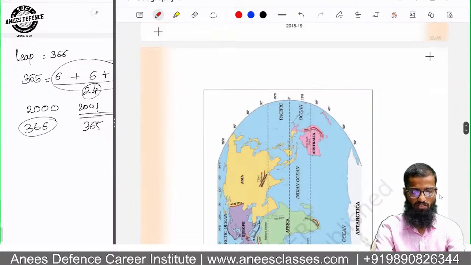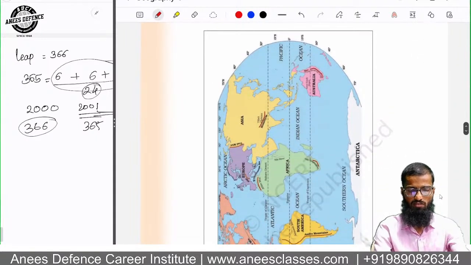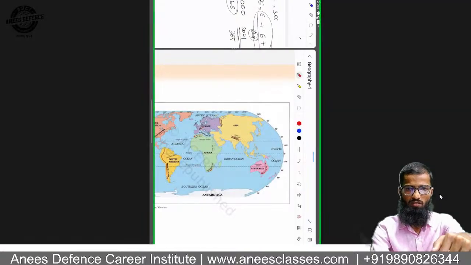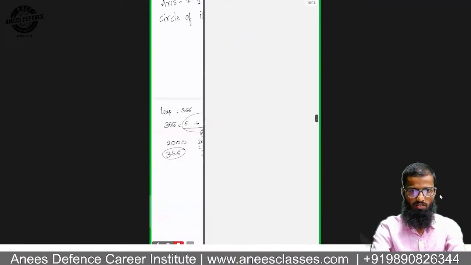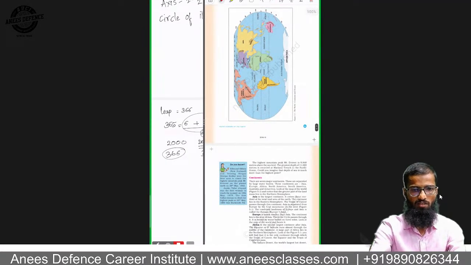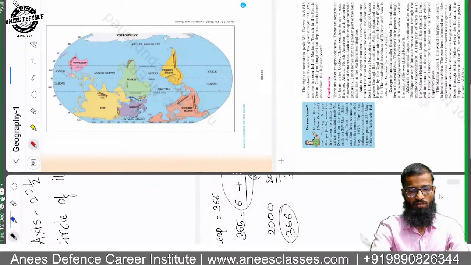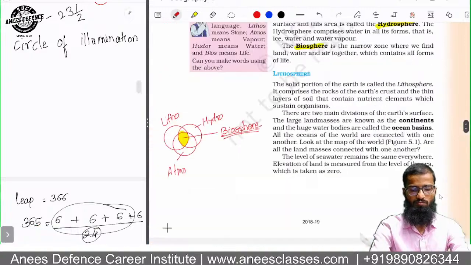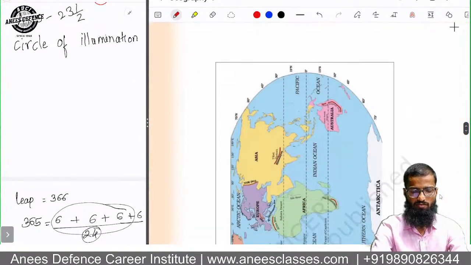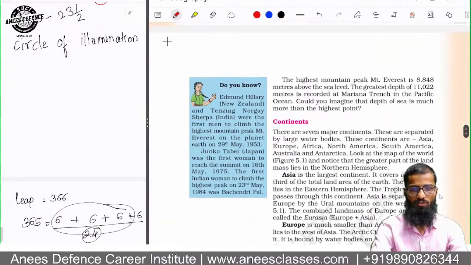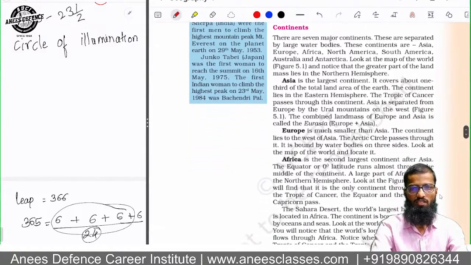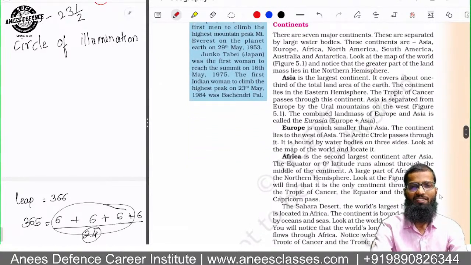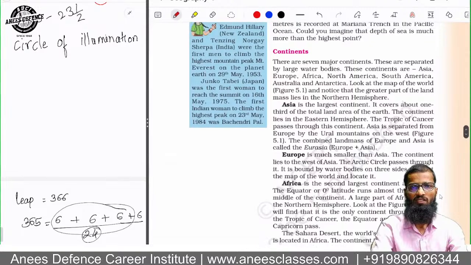Okay, no matter. Look at this. So we will move ahead. We'll talk about the continents. There are how many continents in the world? There are 7 continents in the world.